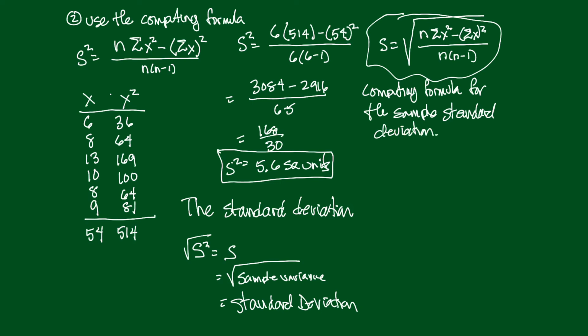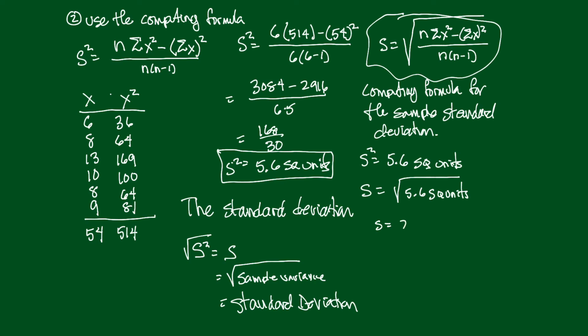So let's wind this up here. What do we get for ours? We know that s squared is 5.6 square units. And then s is going to be the square root of that 5.6 square units. So s is equal to the square root of 5.6, I'm going to write this all the way out.